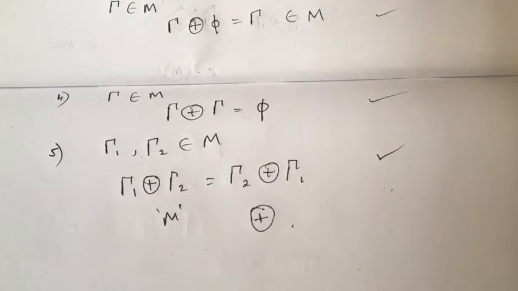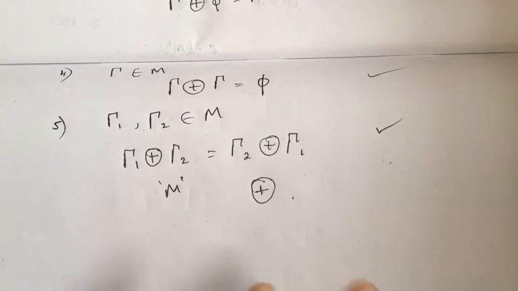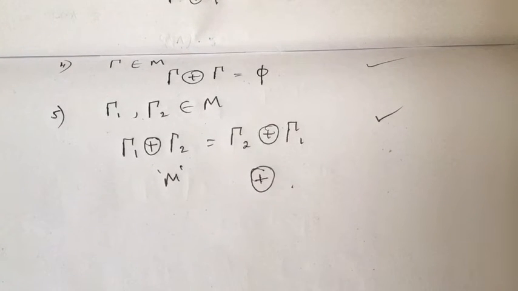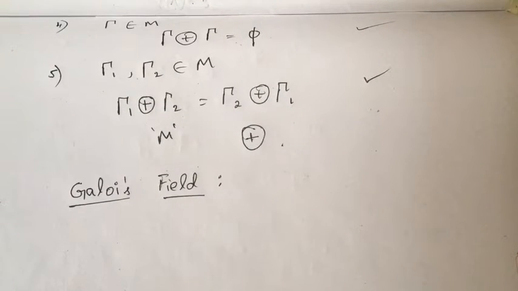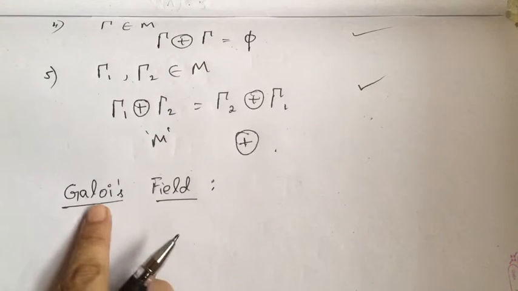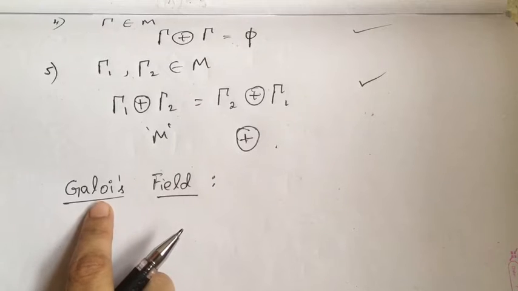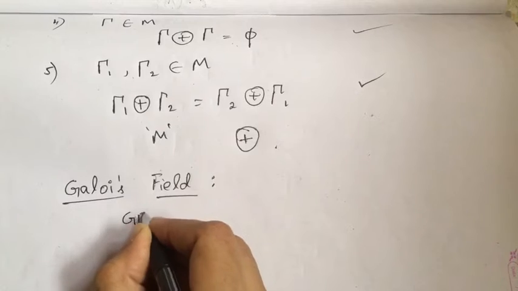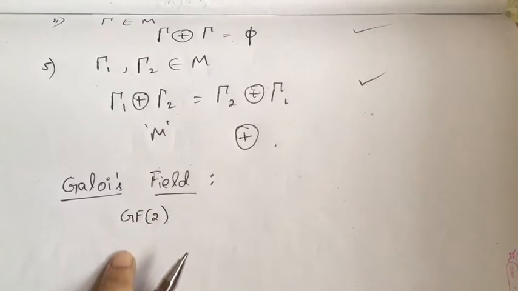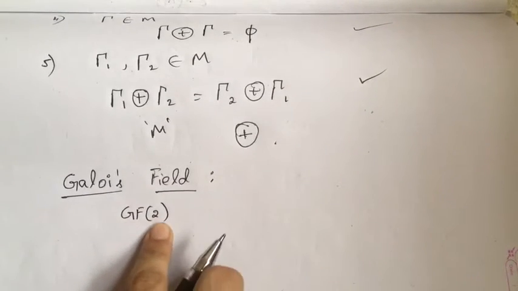In a similar manner, I can even prove that set of all cut sets or edge disjoint union of cut sets forms an abelian group under the ring sum operation. For the representation of graph, we are concerned with only a field which is nothing but a Galois field, denoted by GF of 2, in the sense Galois field mod 2.